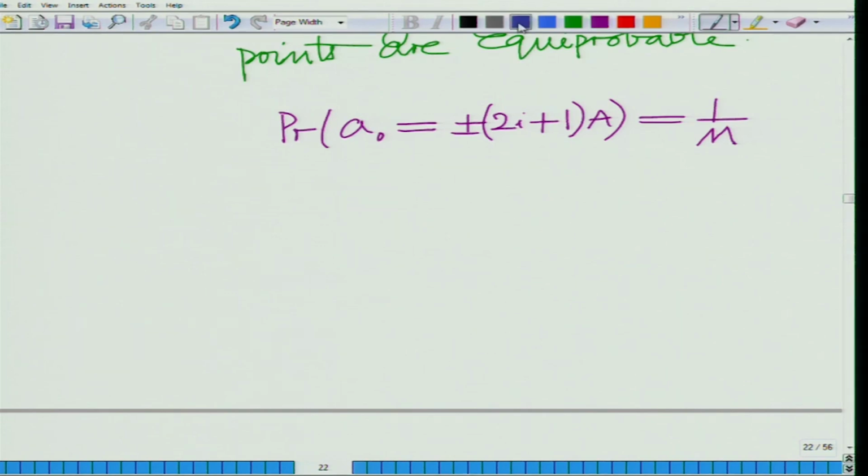Because the probability of error for end points and for internal points is different, how many internal points are there? How many end points are there? There are 2 end points and M minus 2 internal points.